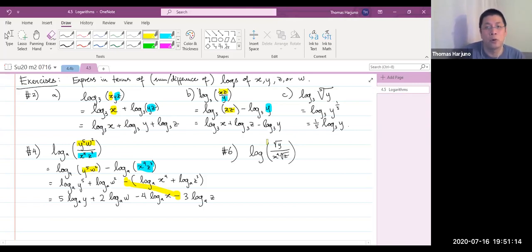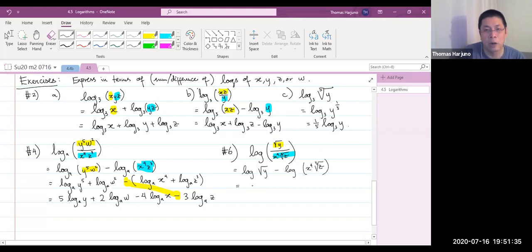Just like before, I will see this numerator, denominator. This will be log of square root of y minus log of x to the 4th cube root of z.